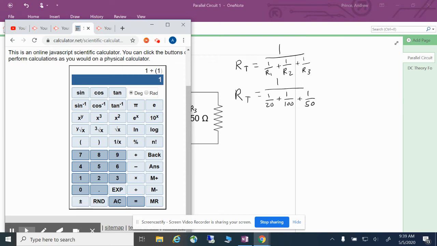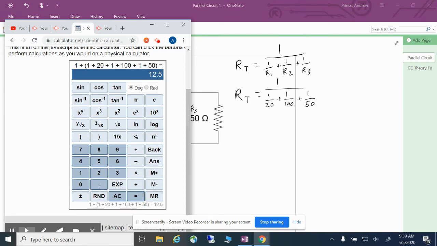Now we can just do 1 divided by 20 plus 1 divided by 100 plus 1 divided by 50. And we get 12.5 ohms right there. So that's your RT, your resistance total for that entire circuit. That's how you plug it into the calculator, and we got our little equation written out there.